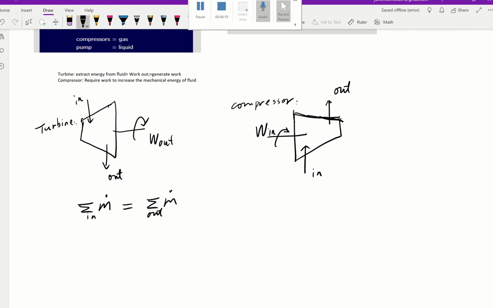Then we also have energy conservation. All the energy coming in, by flow rate, is equal to all the energy going out.